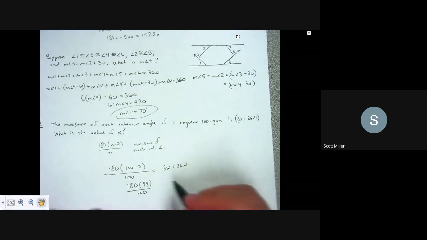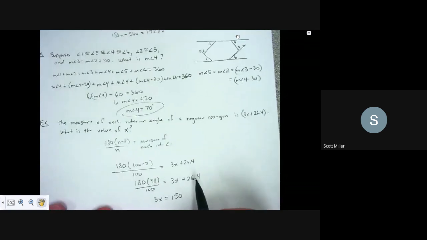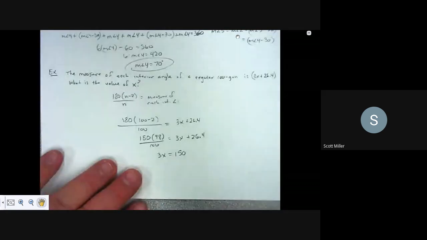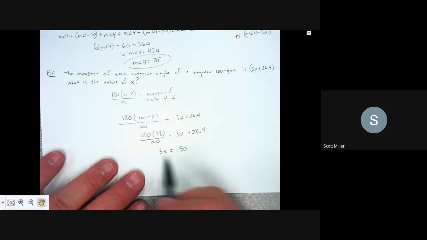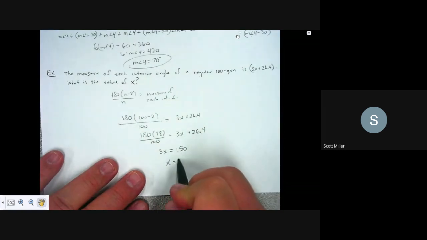You can reduce this out, use a calculator, work this all out, and then you can also subtract this quantity over here. When you do, you're going to end up with 3x equals 150. So work this on the calculator and subtract 26.4. When you have that, you'll end up with this equation right here, which I can then solve for x and get 50.